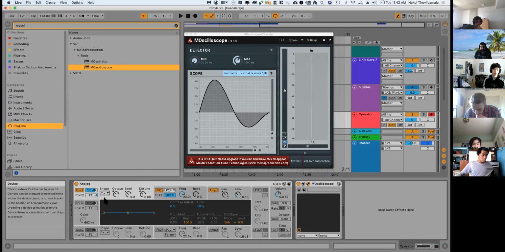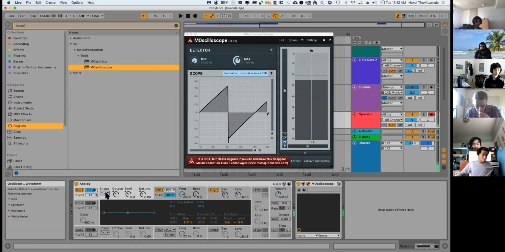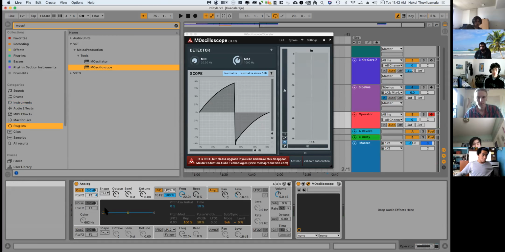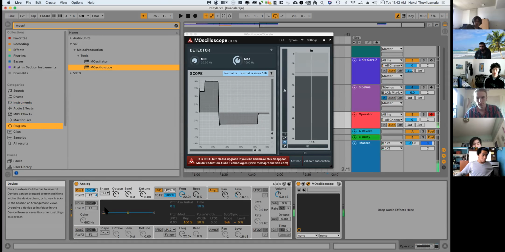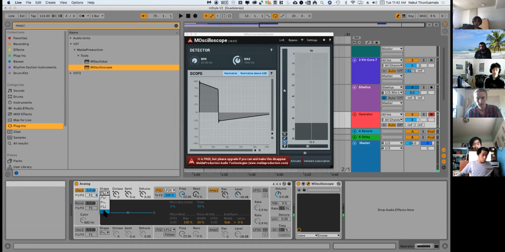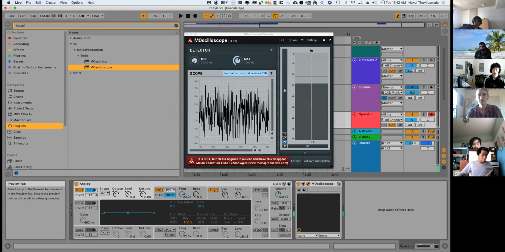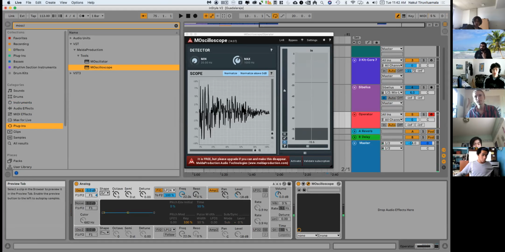Now let's go to sawtooth. Okay, wonderful. Let's go to a square wave. Let's go to a noise wave. There's no organization to it. It's just totally random, and it's intentionally random, right?